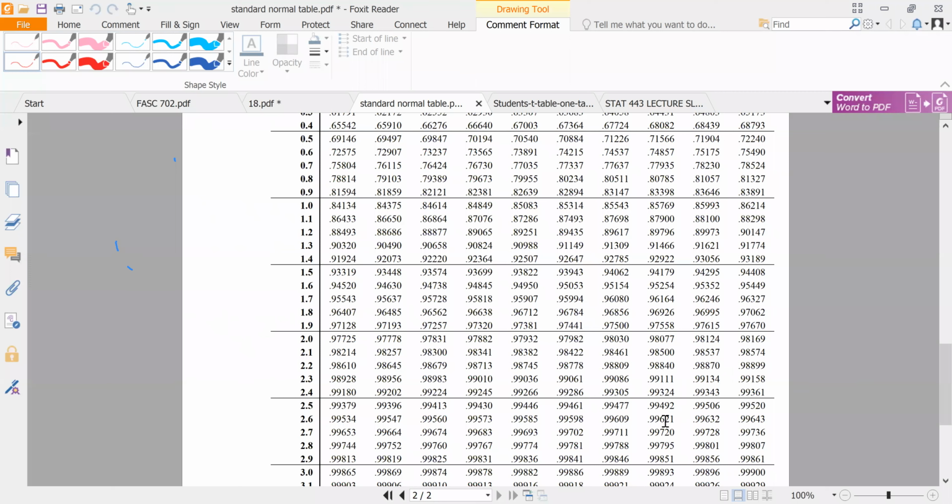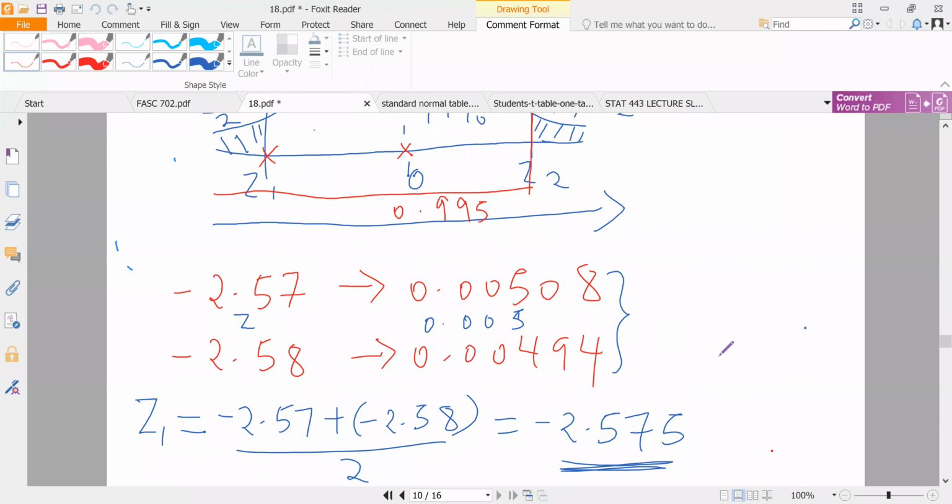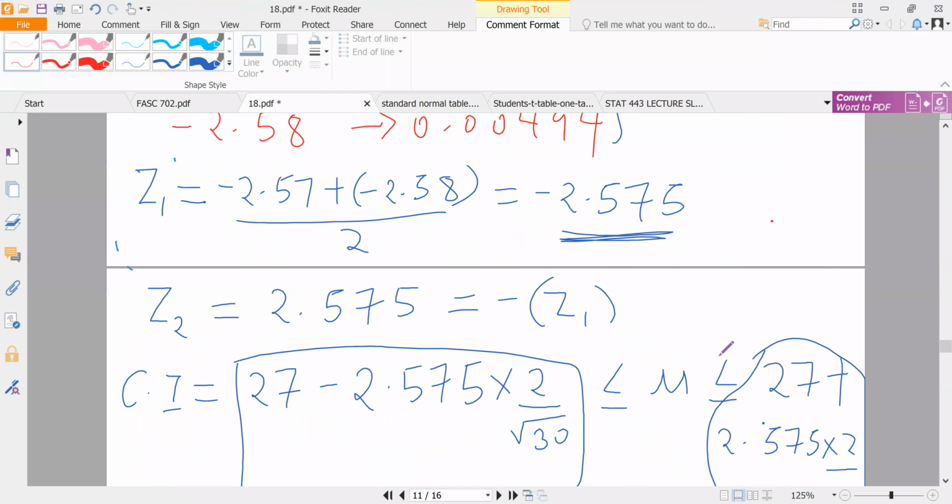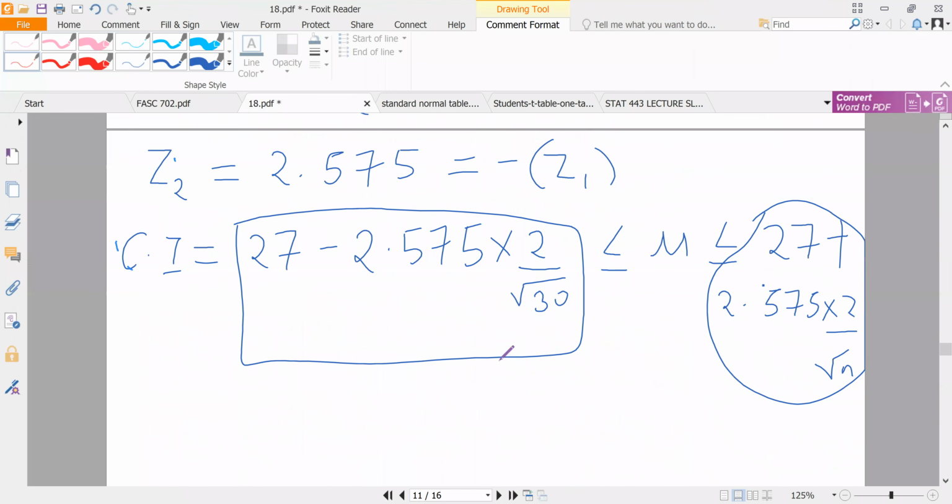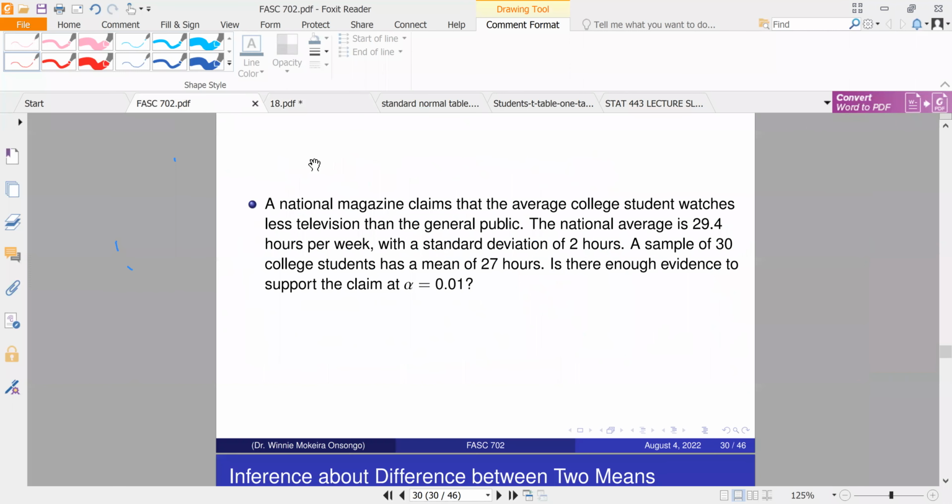So you may be lucky to get exact values for the Z values in the exact accumulated probabilities from this table. So you use your calculator and obtain these quantities. Once you are able to obtain those quantities, then you say that you have your confidence interval for that particular problem.